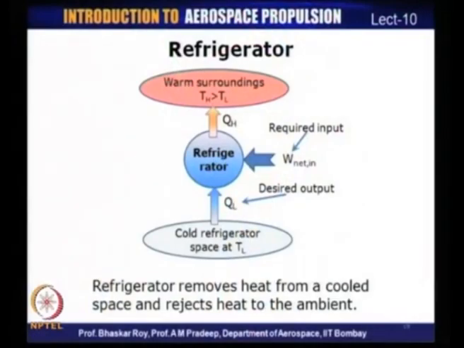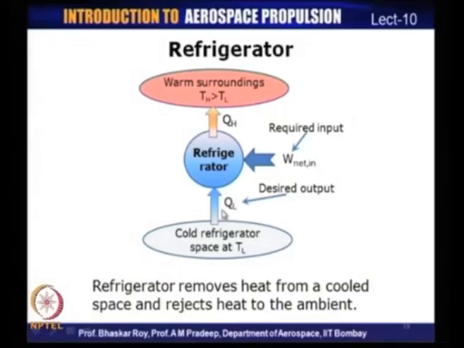So, a refrigerator removes heat from this cold space, which is shown here, which is at, let us say, a temperature of TL, and it rejects heat to the warm surroundings, which is at a temperature TH, where TH is greater than TL. So, the refrigerator continuously transfers heat from TL to TH, and since we have to maintain this space at this temperature TL, we have to continuously transfer heat at a rate of, let us say, QL.